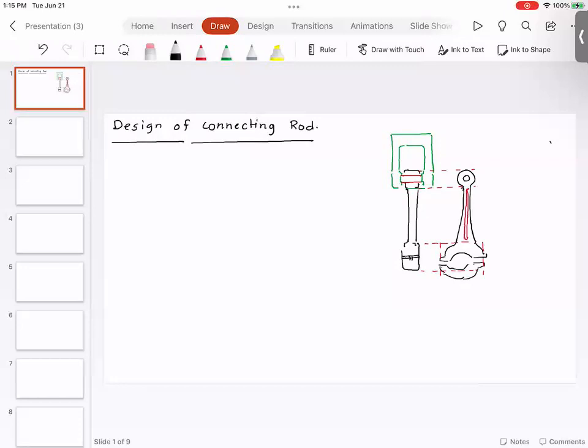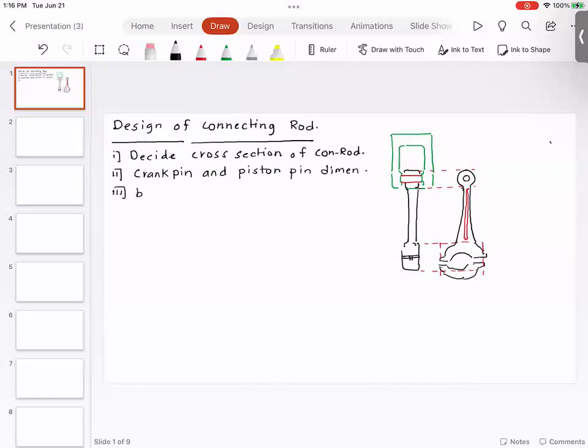So when we design the connecting rod, first we decide the cross section of the connecting rod, crank pin and piston pin dimensions, bolt size, and cap thickness.